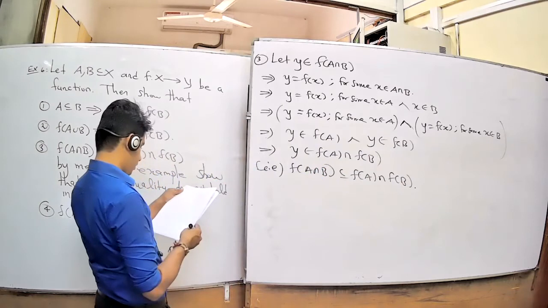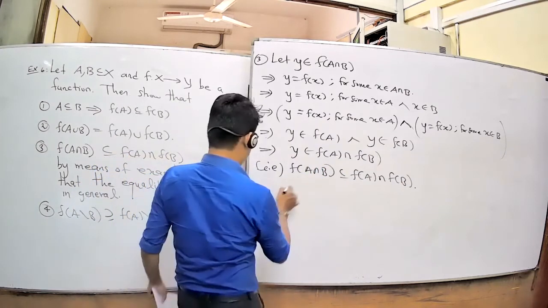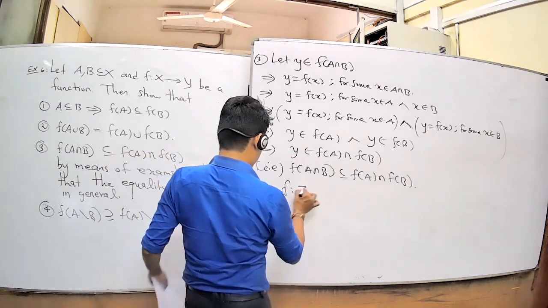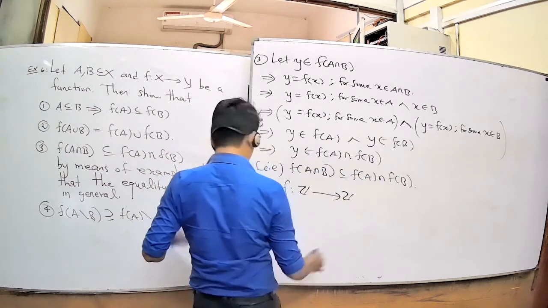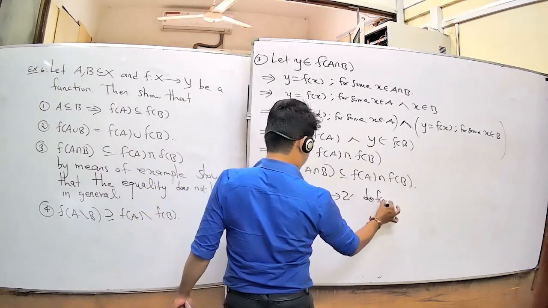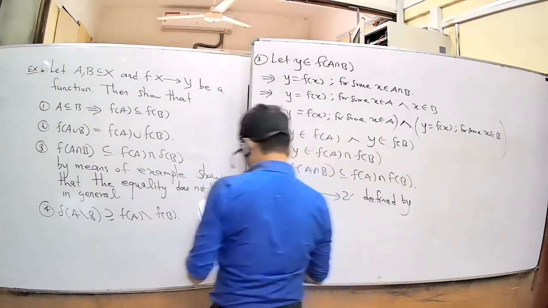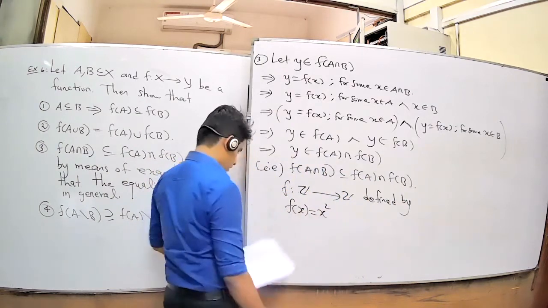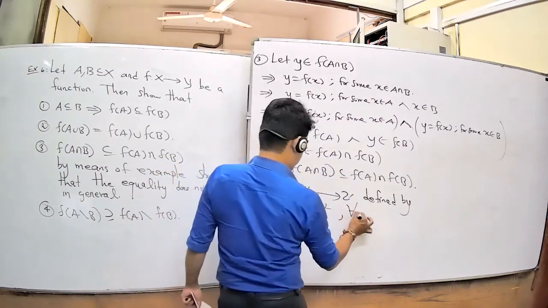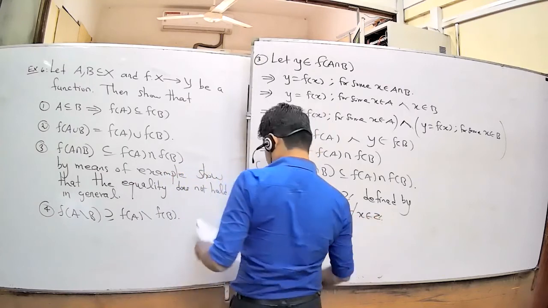Now the counterexample. For the reverse part does not hold, you will take one function f from integer numbers to integer numbers, defined by f of x equals x squared for all x belong to the set.